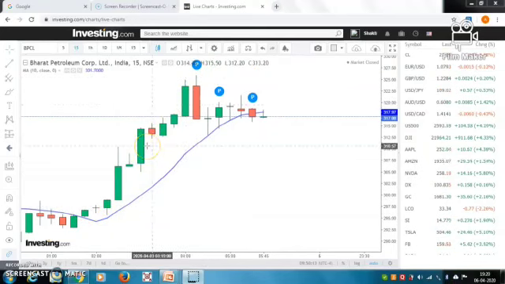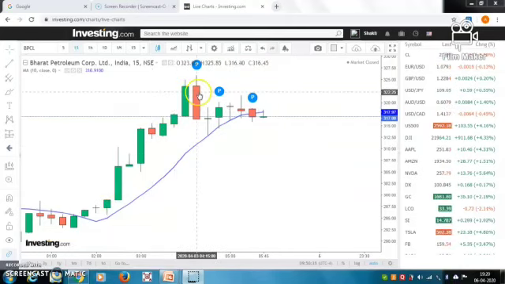You need to fix your risk reward ratio first, 1:2 or 1:3. If you are taking 1% risk, at least 3% reward should be there. A 3% reward on a 300 rupee stock comes to around 9 to 10 rupees. Comfortably we can book profits in this.